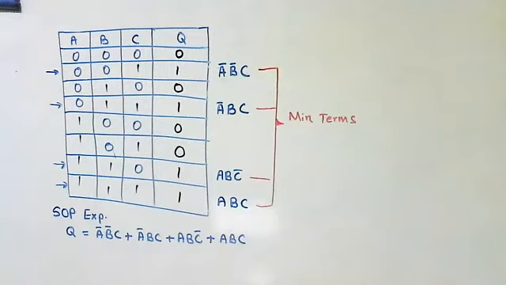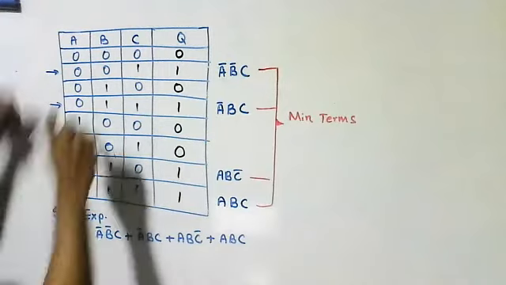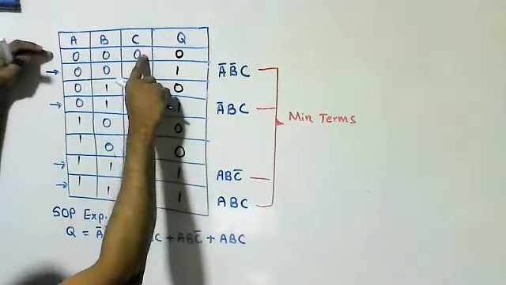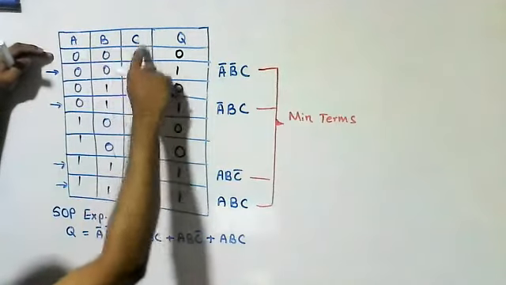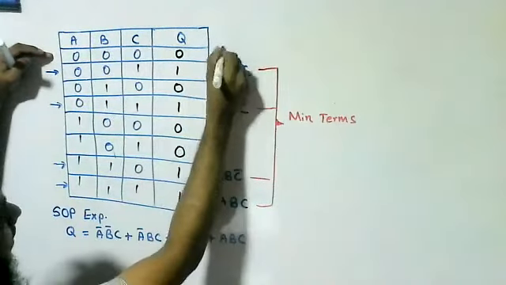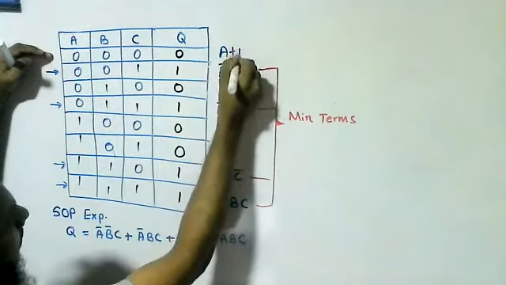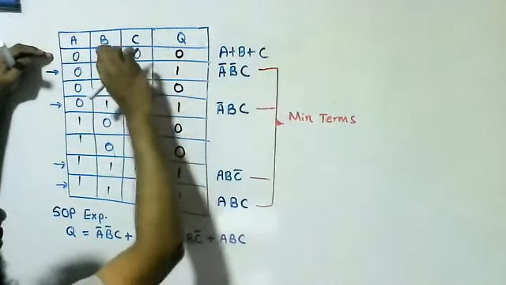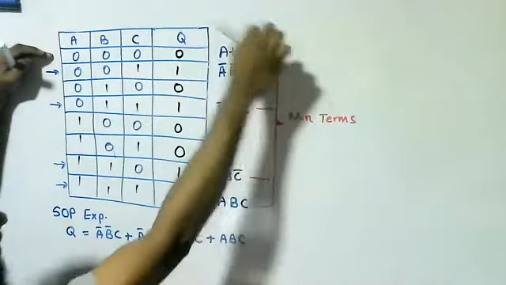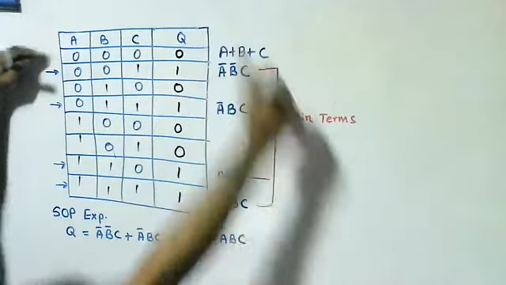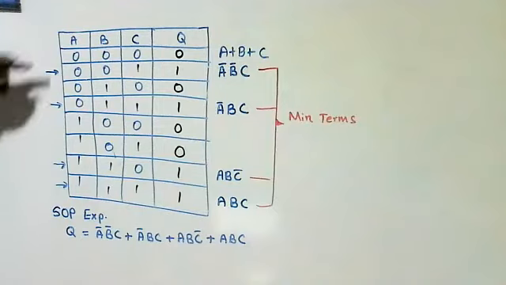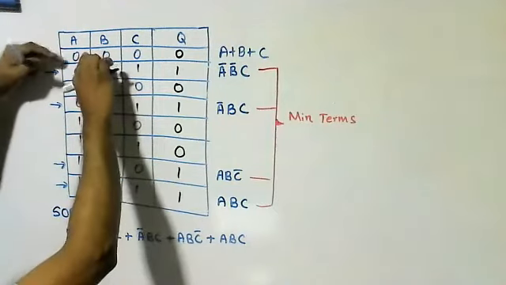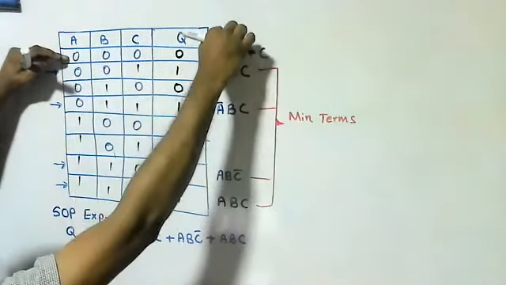That means here 0, 0, 0 is there. A is 0, B is 0, C is 0. So we are having A plus B plus C, because of 0, we are taking the direct variable. If it is 1, for example, if A is 1, we are taking A bar.